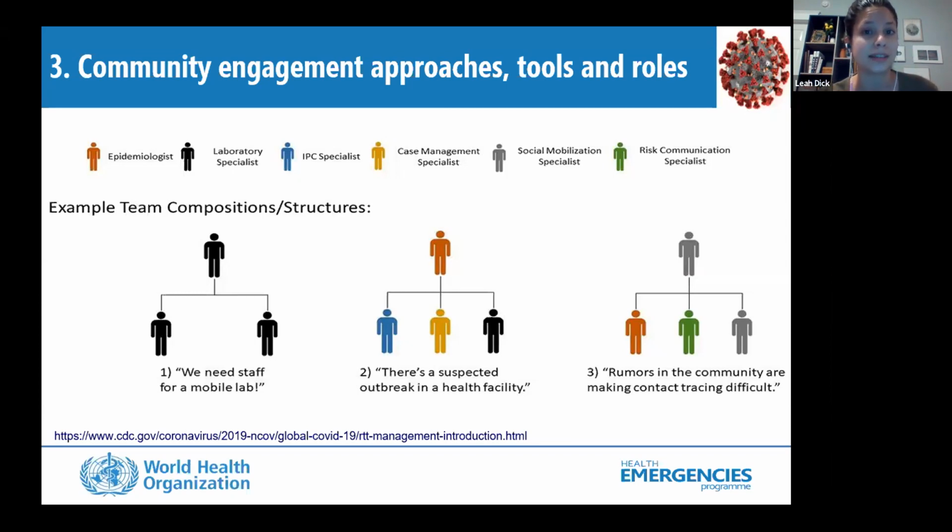I saw a great phrase earlier on in our questions that was bilateral communication. And as a community engagement responder, really any responder on the team, your job is to build that bridge between the team and the community.